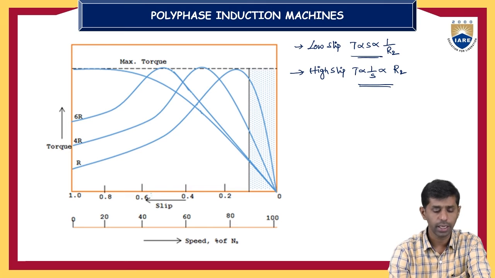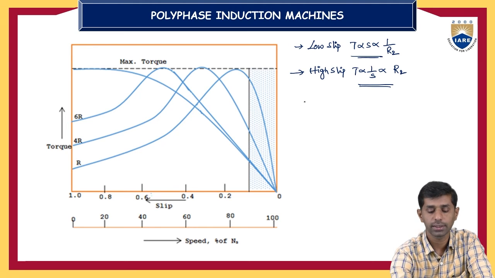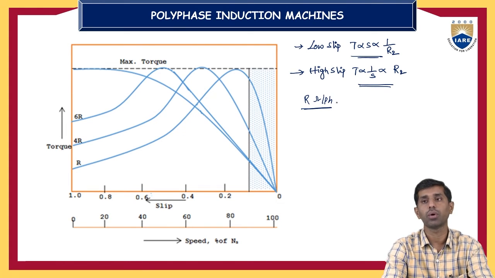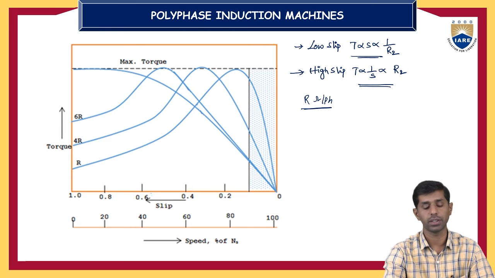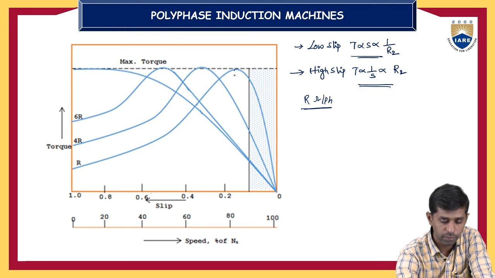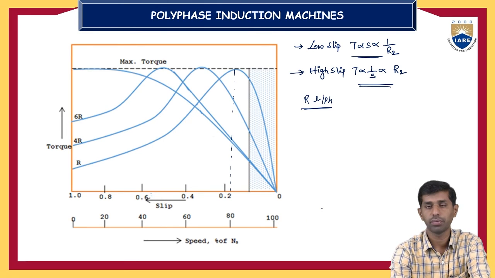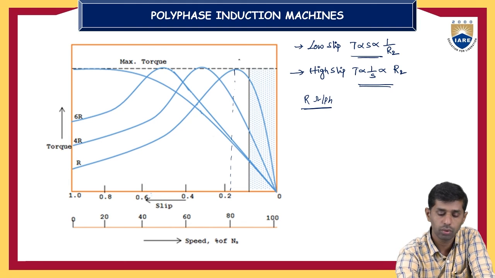So for the analysis, I am assuming the rotor resistance is R ohms per phase at starting. We know this will be the operation over the maximum slip region, the low slip region and the high slip region.